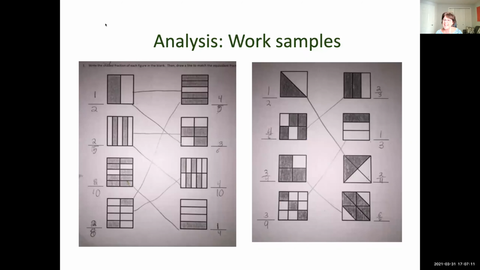Okay, in this section, you also want to provide an analysis of student work. So this is a sample of this student's pre and post. And again, you're looking at the work.